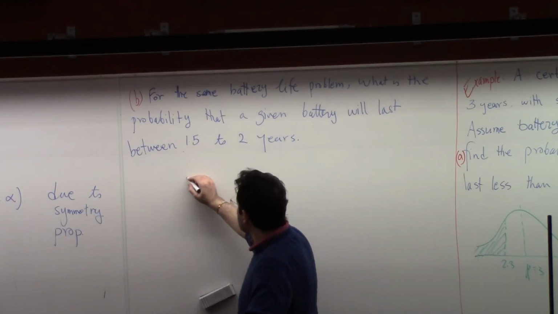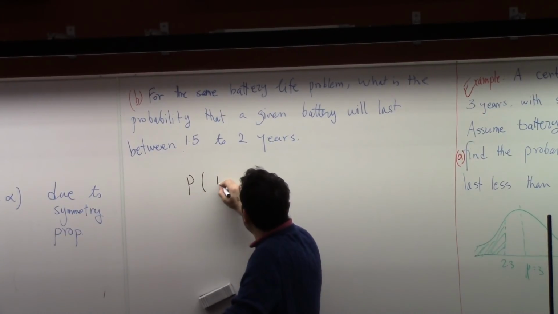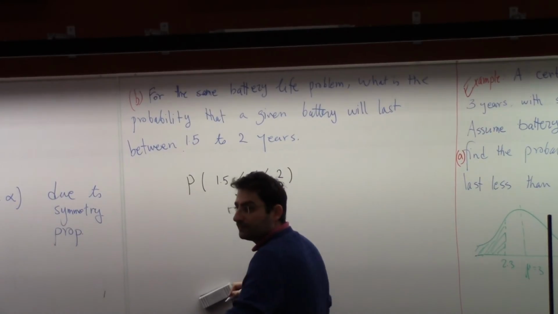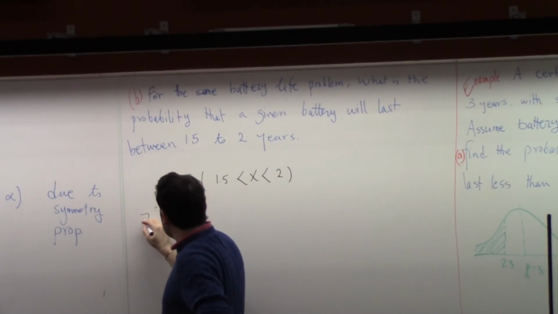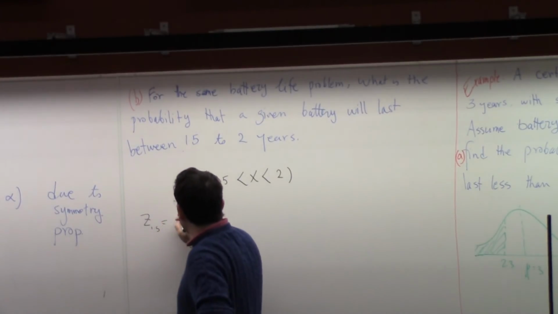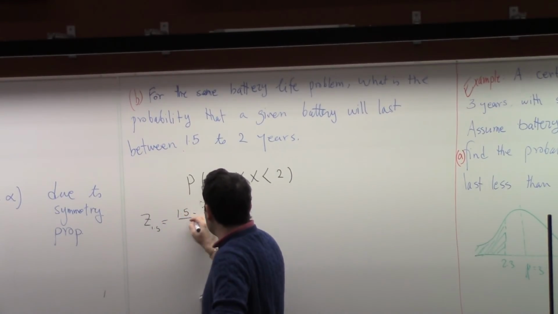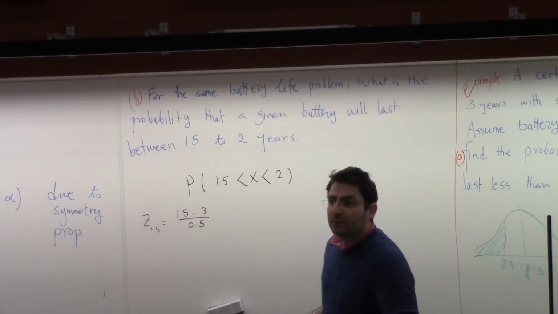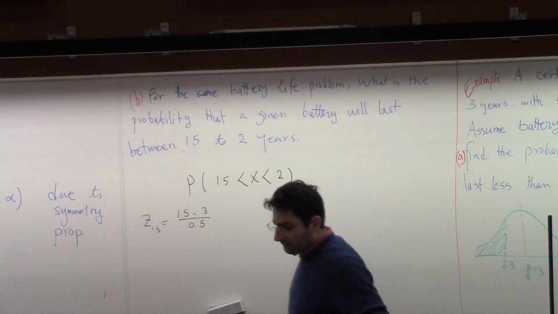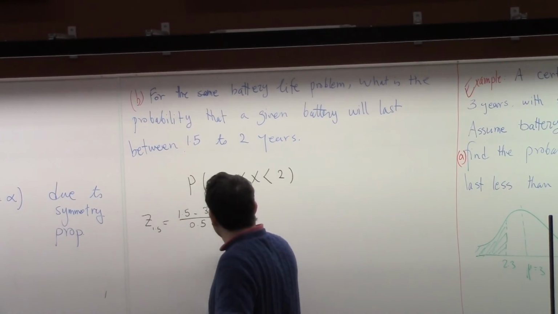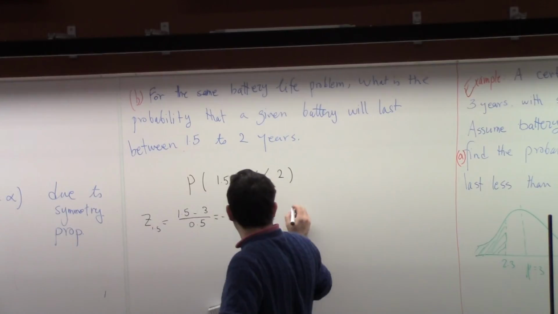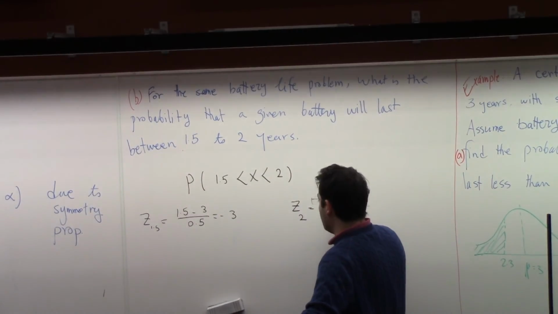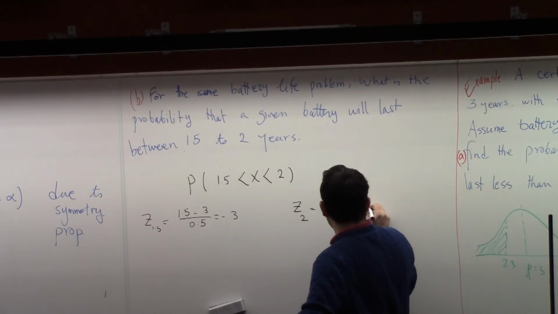In other words, it means what is the probability of X is between 1.5 to 2 years, which means Z1 is 1.5 minus 3 divided by 0.5, which is minus 1.5 over 0.5, so it's minus 3. And Z2 is 2 minus 3 divided by 0.5, which is minus 2.